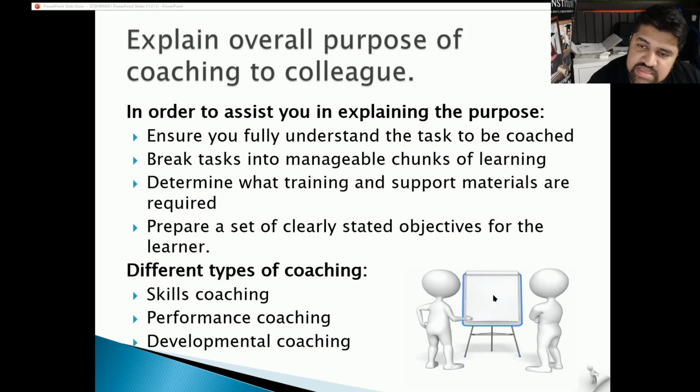You want to break the task into manageable chunks for their learning. You want to determine what training and support materials are required for the learning to happen, and prepare a set of clearly stated objectives for the learner.